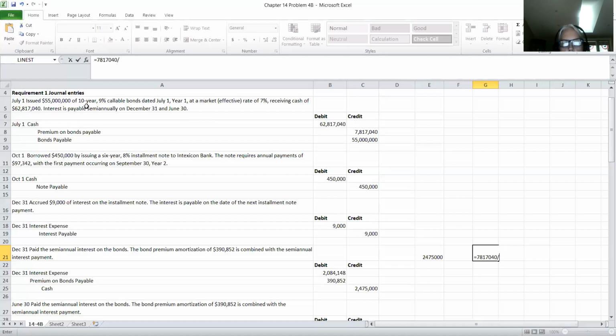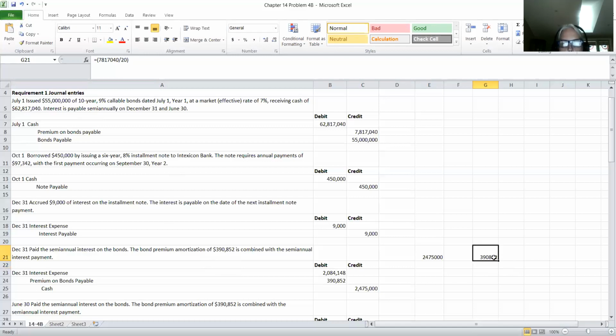In other words, 10 times 2 is 20. So I'm going to divide the premium amount by 20 periods.